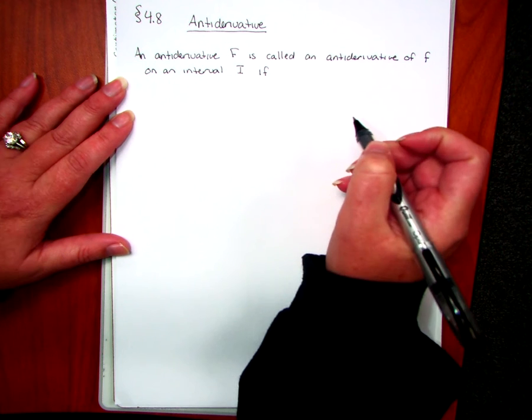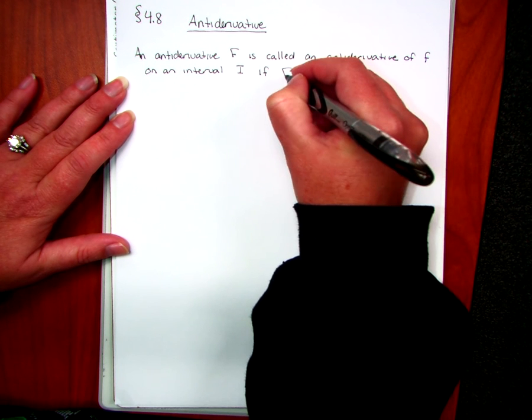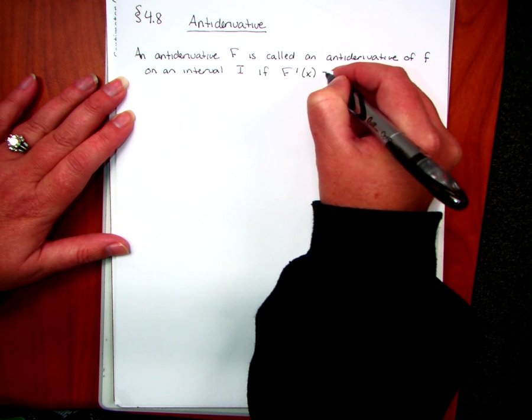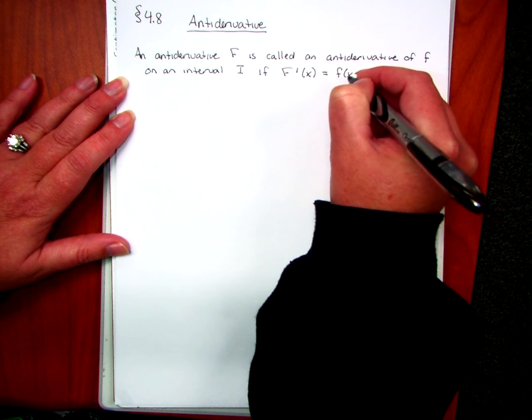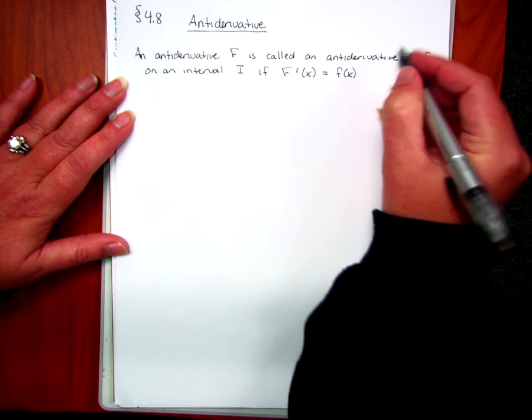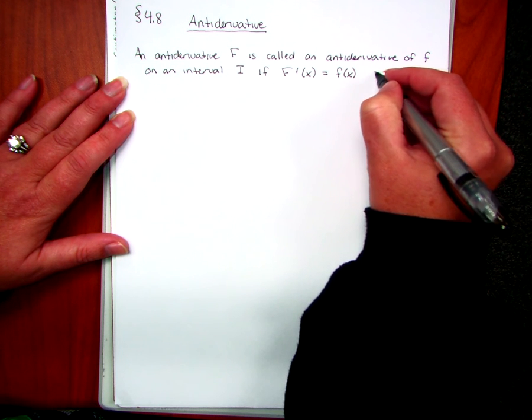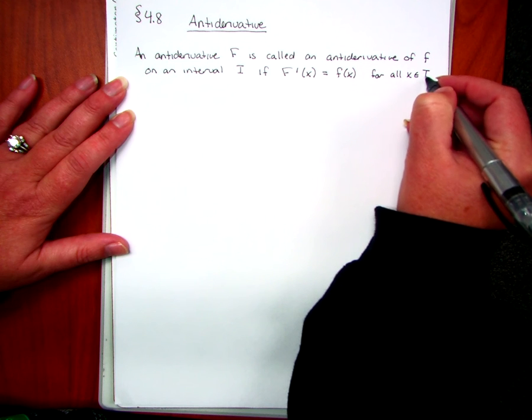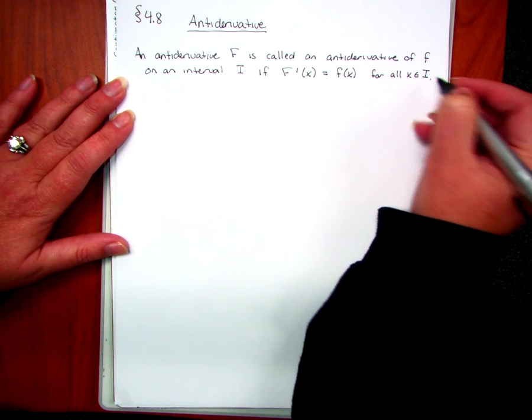And the way we're going to test that is if we can take the derivative of the antiderivative and get back to the original little f, then we know it's an antiderivative. And it should work for all x values.